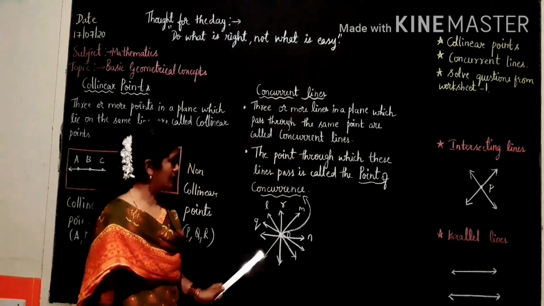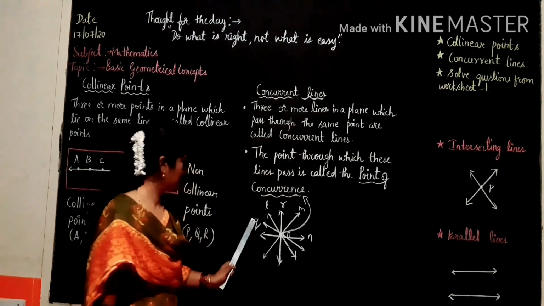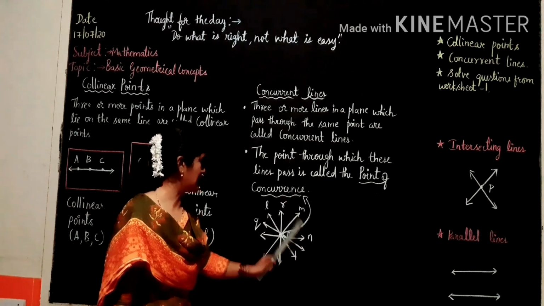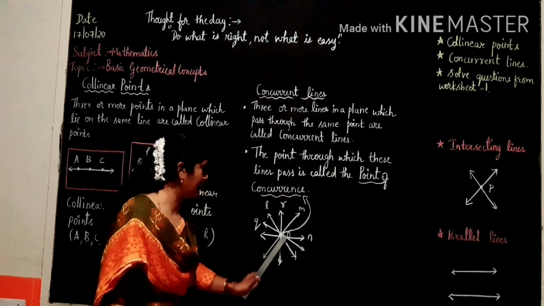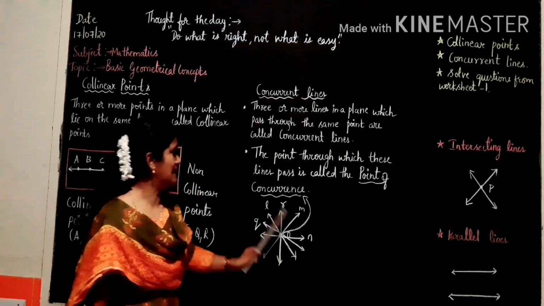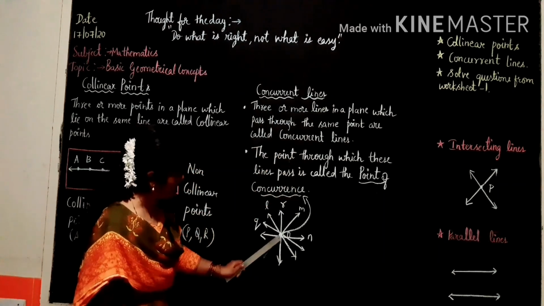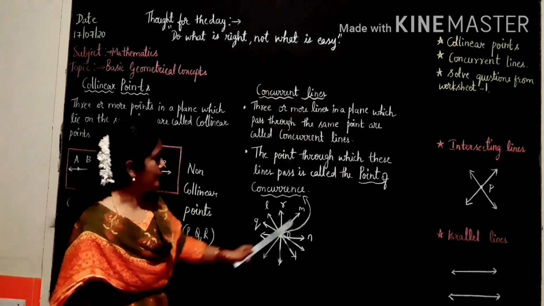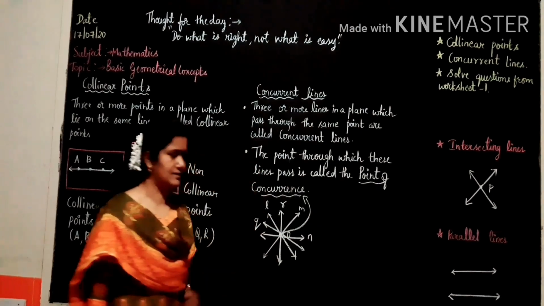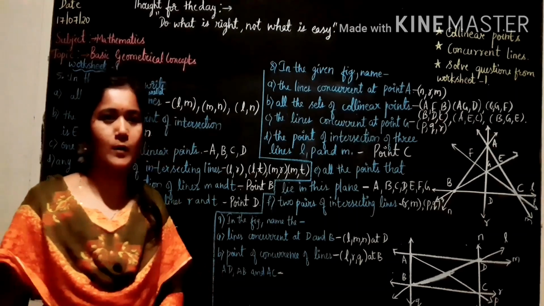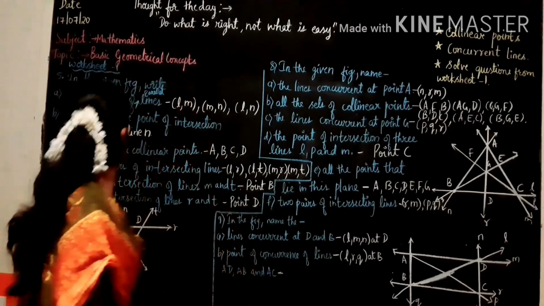Here you can observe that there are lines Q, L, R, M and N which are passing through the same point O. So these lines are said to be concurrent lines, and the point where they meet is called the point of concurrence.